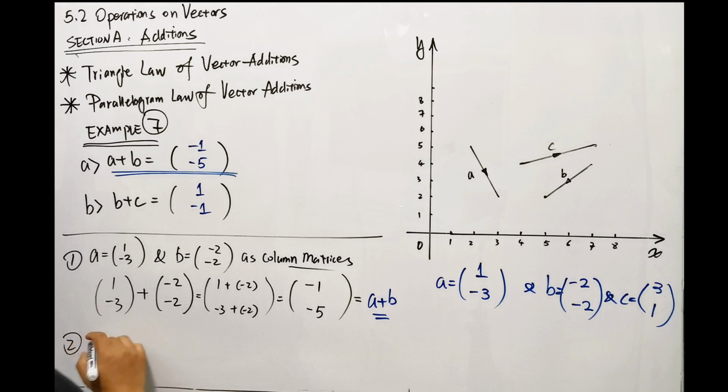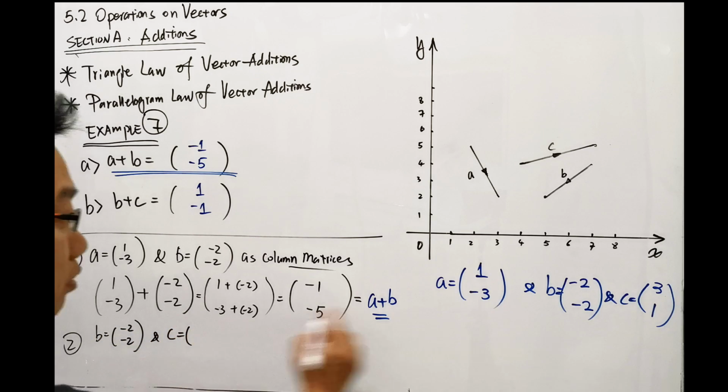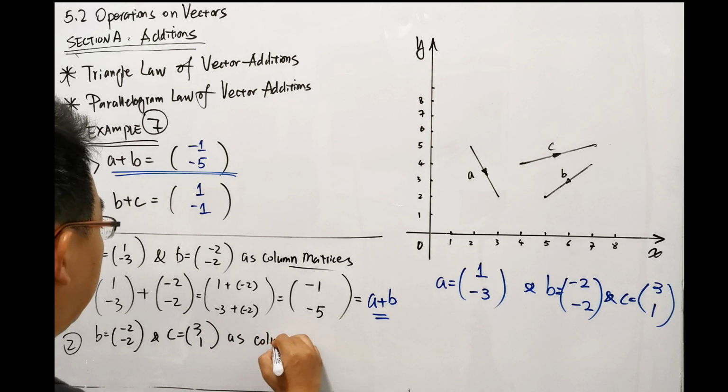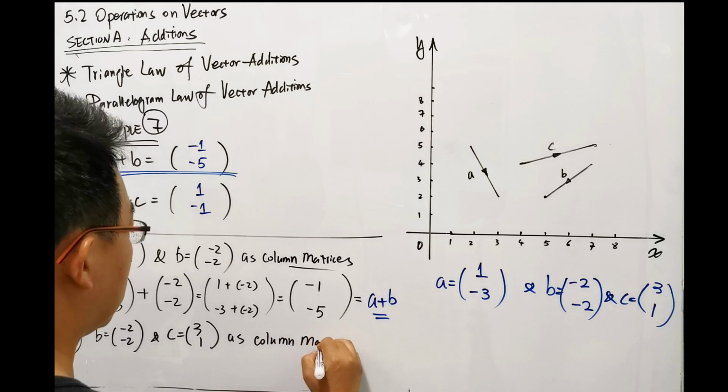Since we're going to look for B plus C, we can find B equals minus 2, minus 2, and C equals 3, 1 as a column matrix.